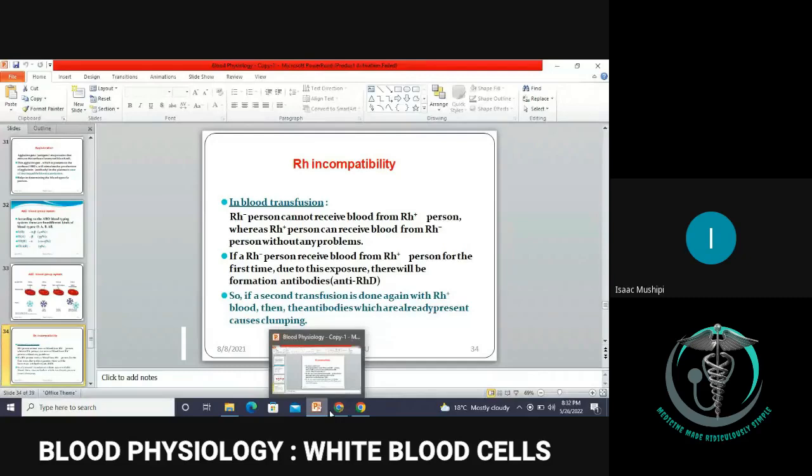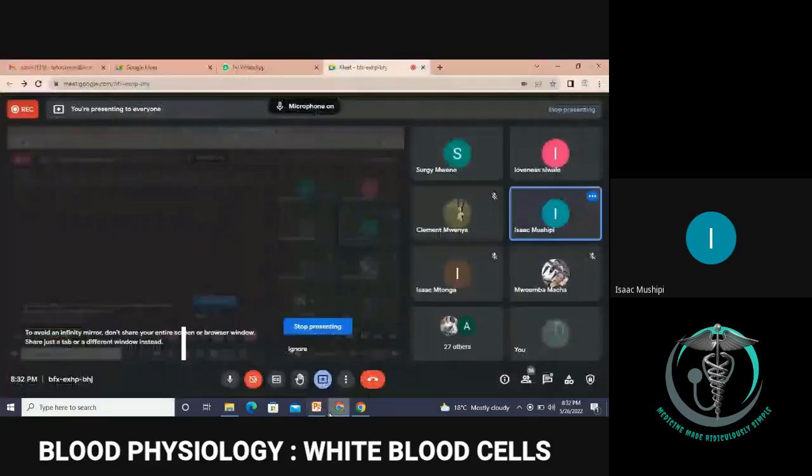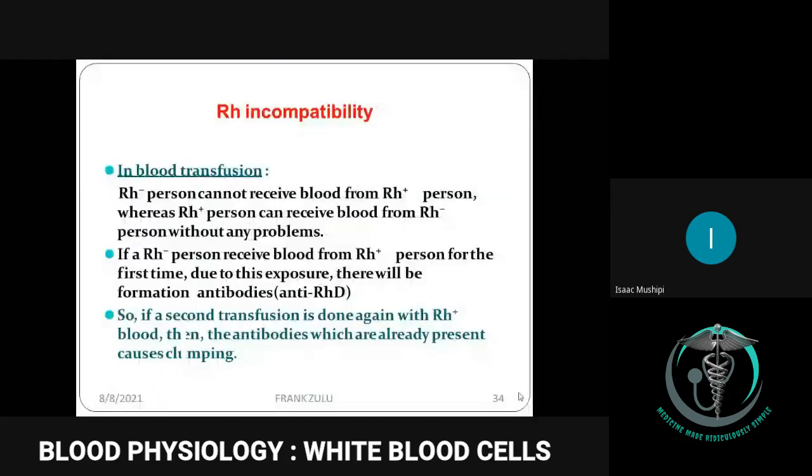Let's say type A negative can give blood to someone who is A positive, but A positive cannot give blood to someone who is A negative. Maybe I've mixed up some things, but I hope you got the point.